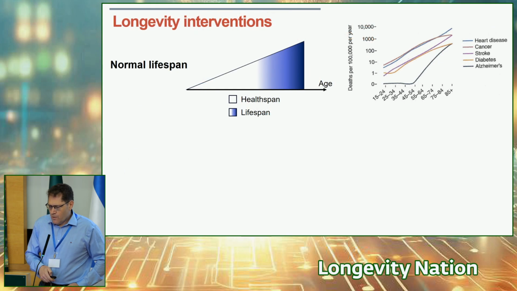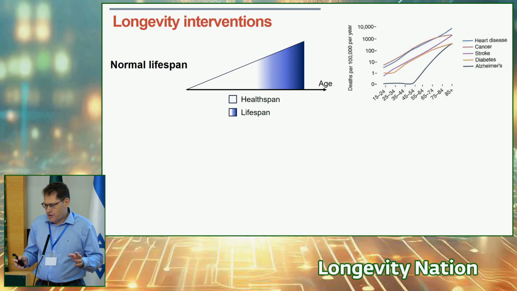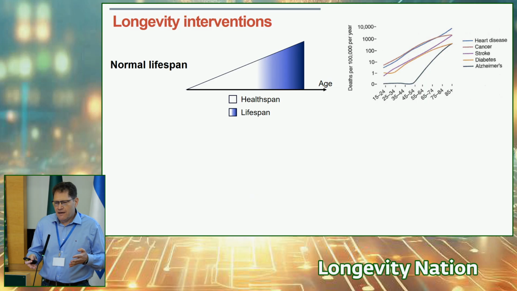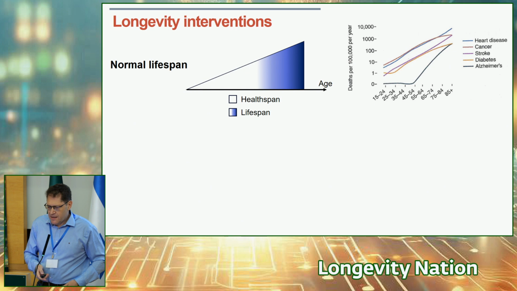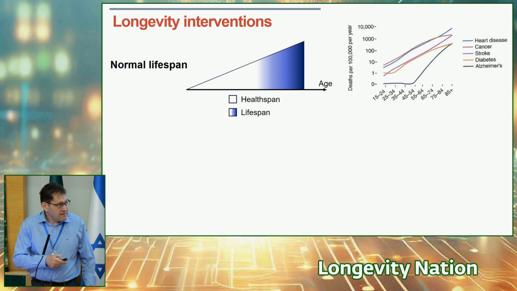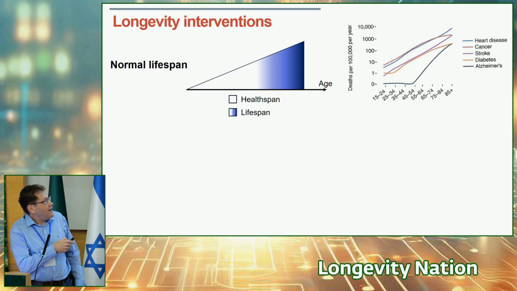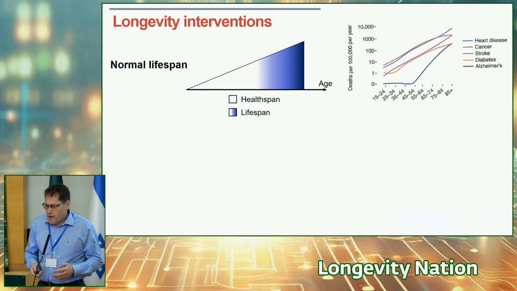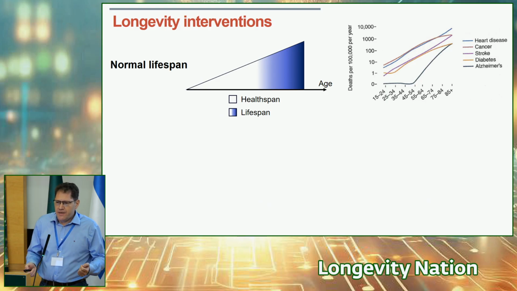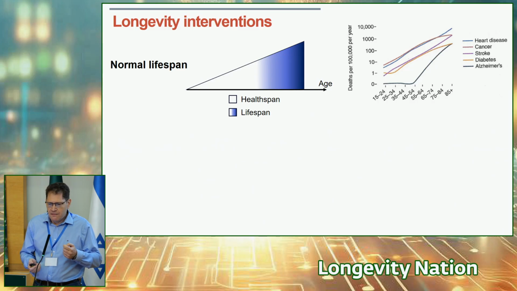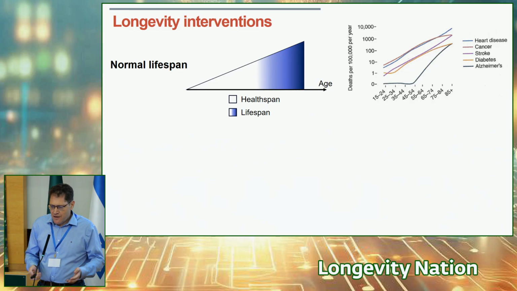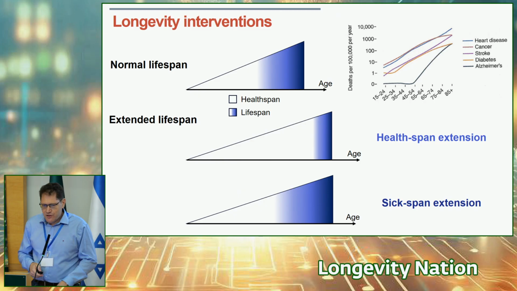So with this, in the final slide, say, okay, if we are looking at aging, and with aging there is an increase in probability of many age-related diseases, we can look at this scheme dividing the lifespan into health span, and maybe some people call it sick span. So when we look at different therapies that we actually want to give in terms of aging, there are several scenarios, but I just want to show two extremes.